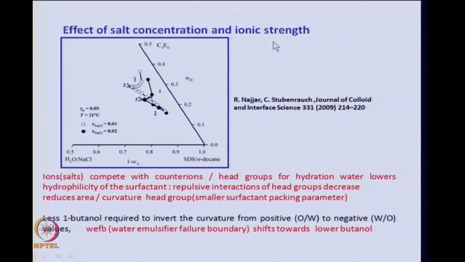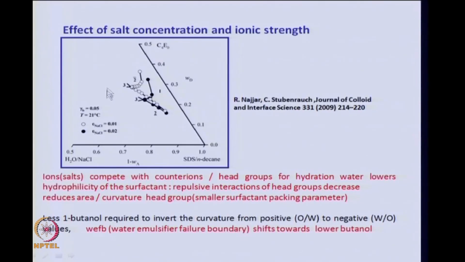So, if you keep the same surfactant, oil and water, but if you change salt concentration or ionic strength, then you see you can move to different or lower amount of isooctane, or because this is isobutanol, this is being used as a co-surfactant.